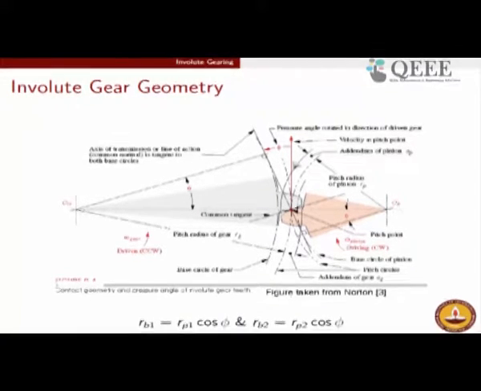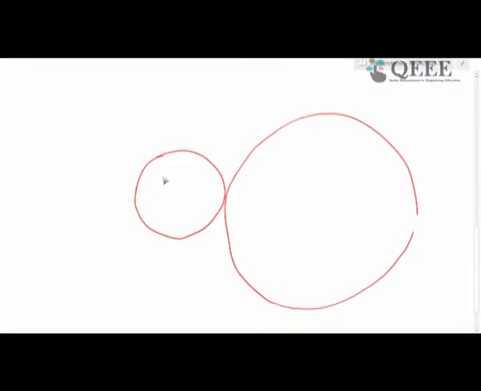And we have a very interesting relation between the base circle and the pitch circle. It can be shown that the base circle is the pitch circle times cosine of the pressure angle. Maybe I can draw this once again here. These are the two pitch circles, and these are the two base circles.